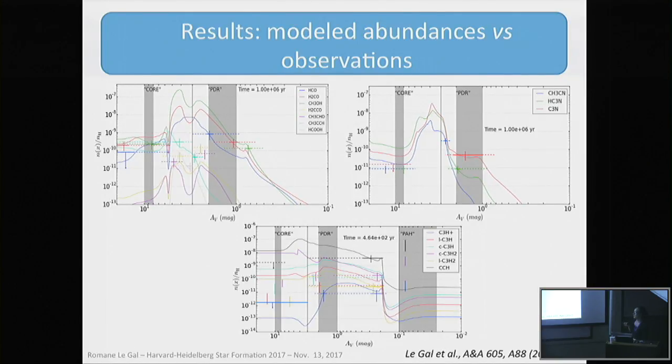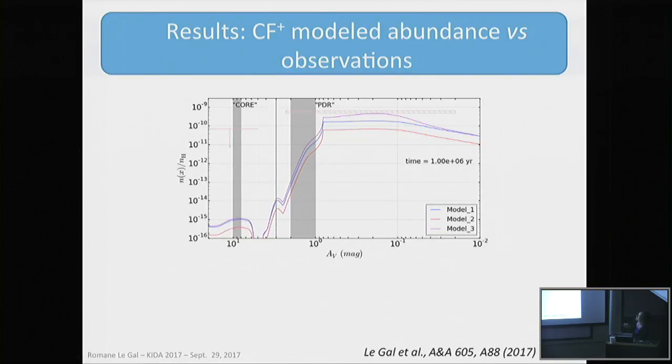But in those regions where PAHs are supposed to be, it could also be a top-down chemistry, where some PAHs could produce some of these hydrocarbons. And now I'm going to focus on the CF+ observation and show you how it can help to constrain the model.